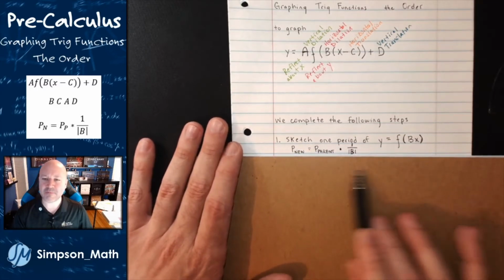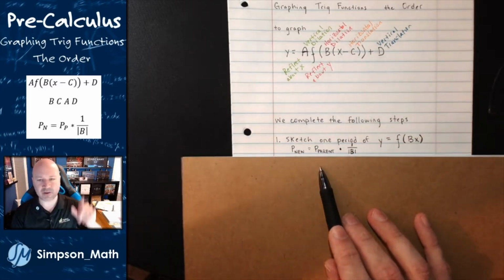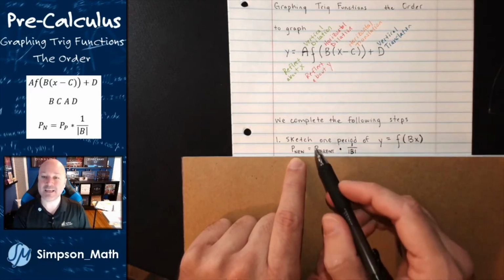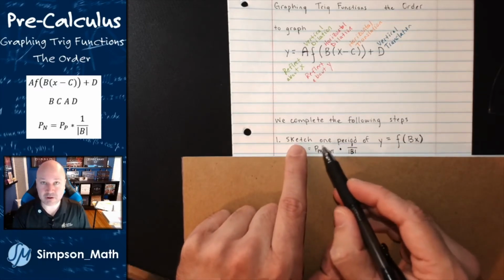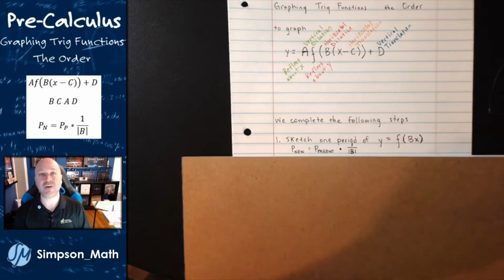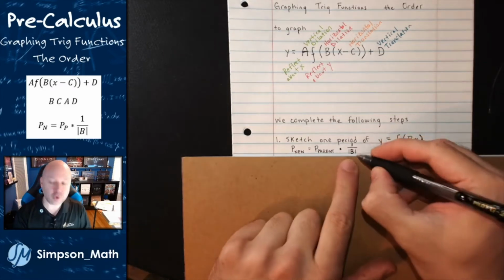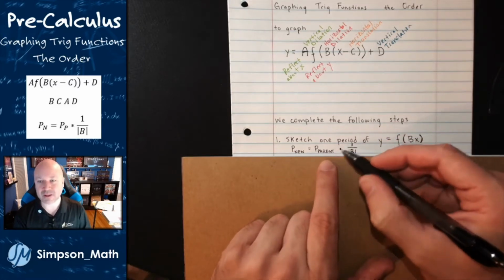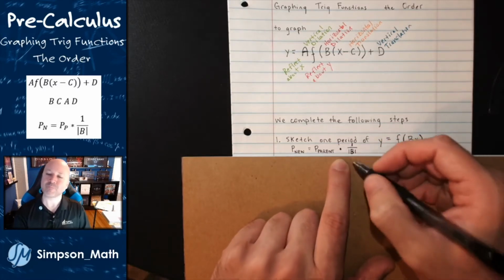And then I may have mentioned this before, I have it written above me as well. We can always find the period of a function by taking the parent's period and multiplying by 1 over b. Just like we would to find those new x values, we can find the new period by multiplying by 1 over b. Or you can think of it as dividing by b: the parent period divided by b, or the parent period multiplied by 1 over b.